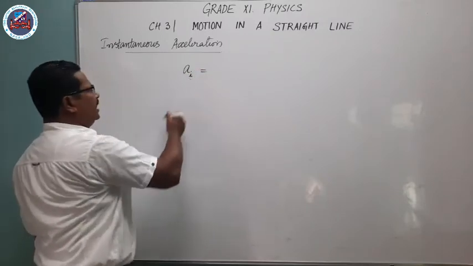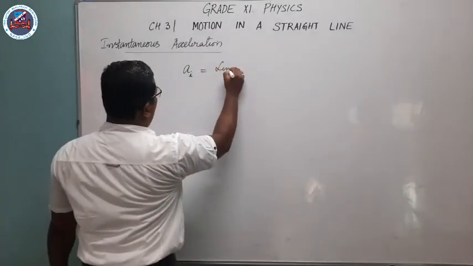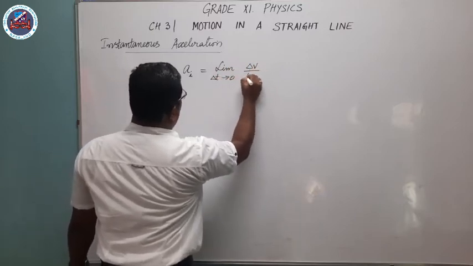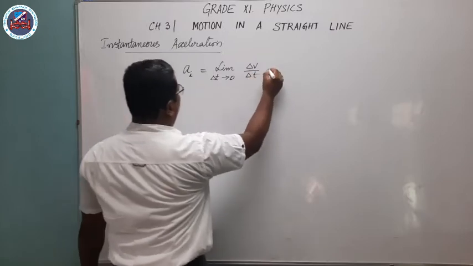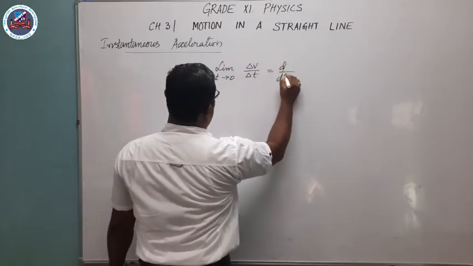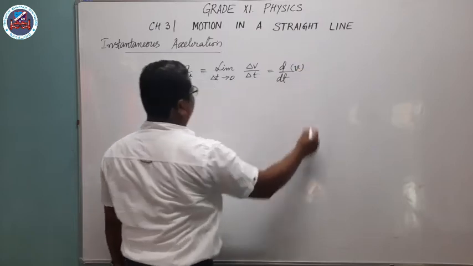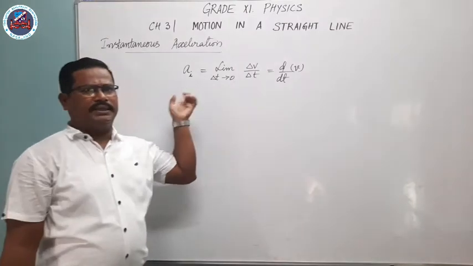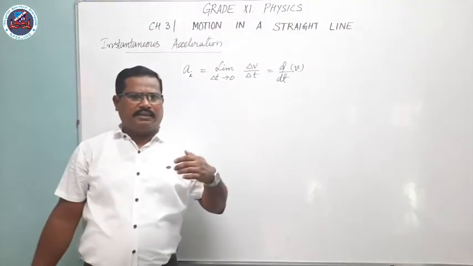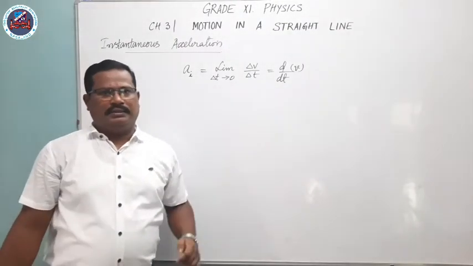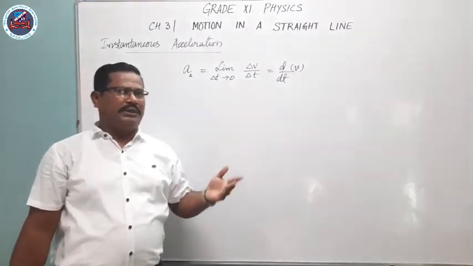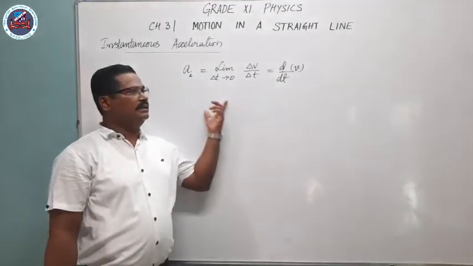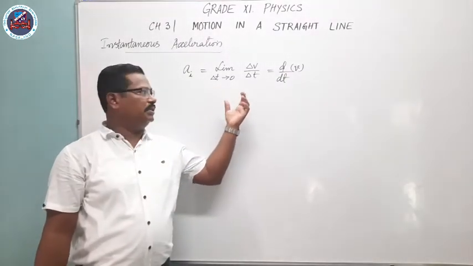Instantaneous acceleration a_i is the limiting value as delta t tends to 0 of change in velocity with respect to change in time, or in differential form, d/dt of v. If you differentiate velocity, then you get acceleration. That is your instantaneous acceleration. So let us recap what we learned in the beginning: position, if you differentiate it, you get velocity, and velocity, if you differentiate it, you get acceleration. Like this you have to keep in mind.